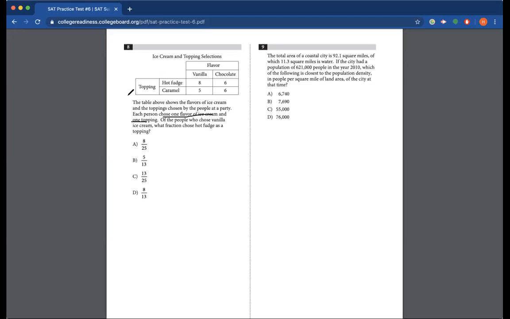Okay, so here are toppings to your ice cream. Of the people who chose vanilla ice cream, what is the fraction of those who chose hot fudge as a topping? Okay, so we're only caring about the vanilla. So we're gonna divide it so our denominator, our total, is just gonna be the vanilla users. So that's gonna be 13.